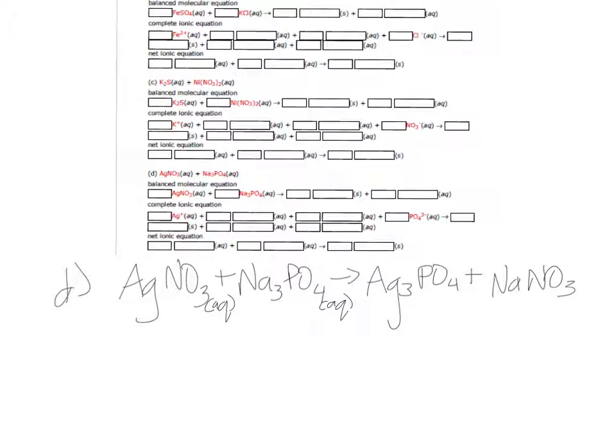Rule 6 of the solubility rules would have us classify phosphate salts as not soluble, that is, put an S for solid. The other product, sodium nitrate, is caught by 2 rules. Rule 1 states that nitrate salts are soluble, and Rule 2 states that group 1 metal salts are soluble.